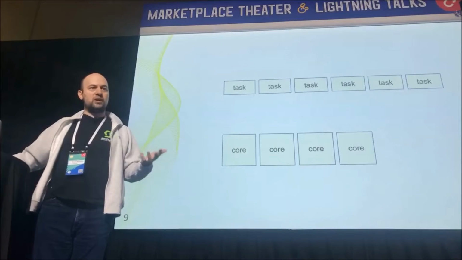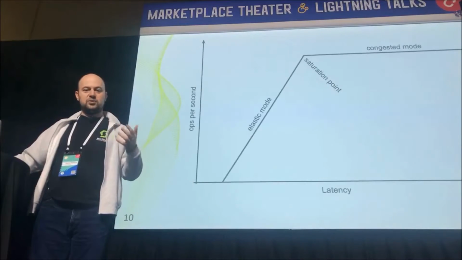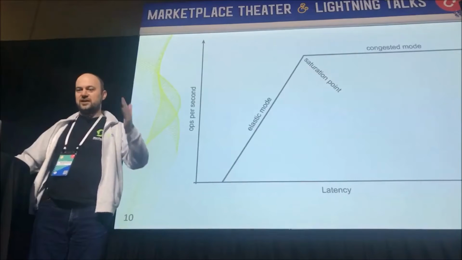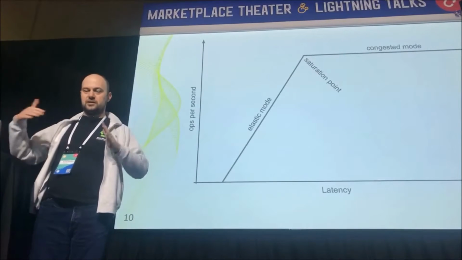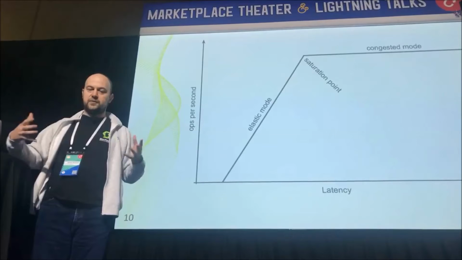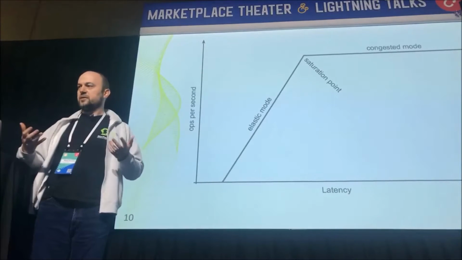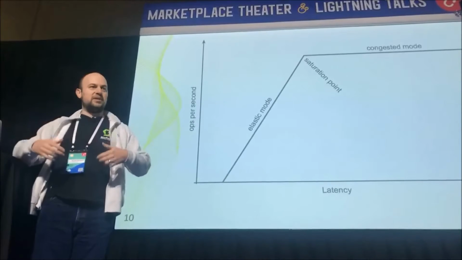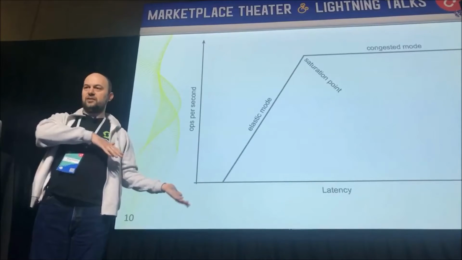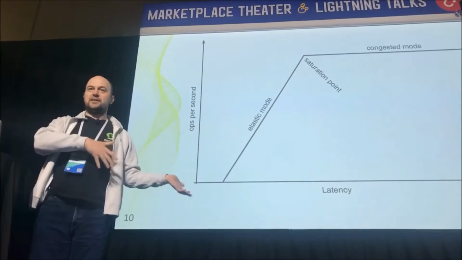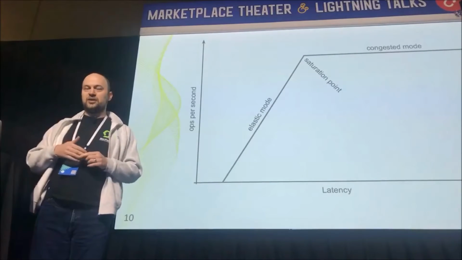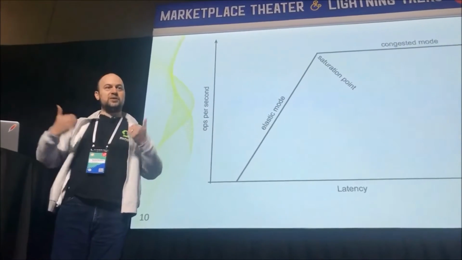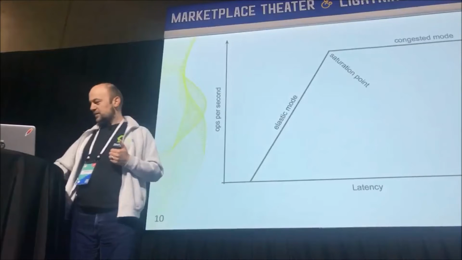So you didn't do more work, you just hit what we call a saturation point, and these systems tend to have 2 very different modes of operation. One we call elastic mode, where you have more demand, you get more work done, and then in the congested mode, you get more demand, you don't get more work done.